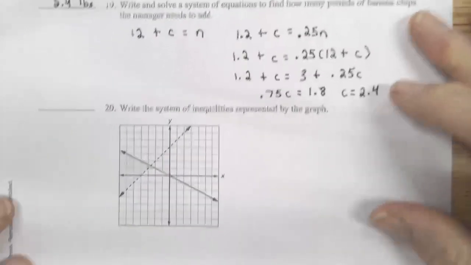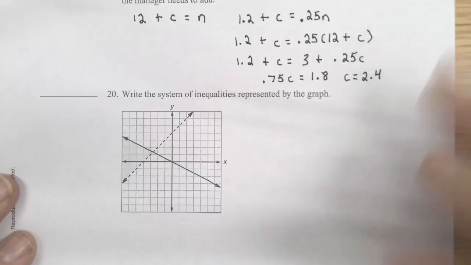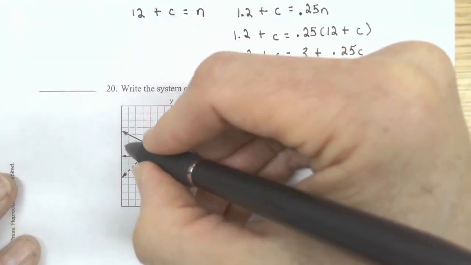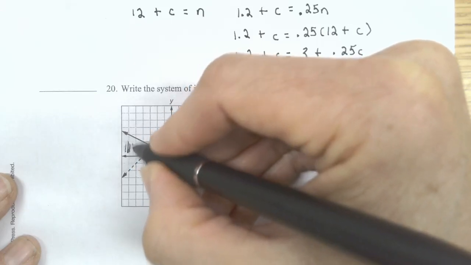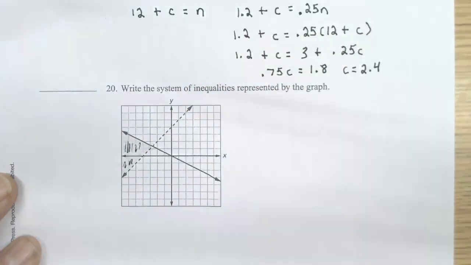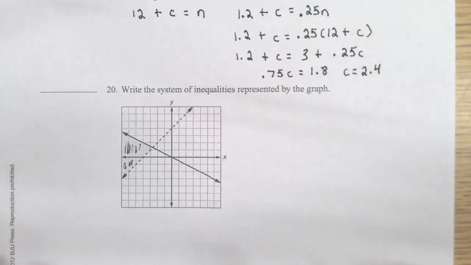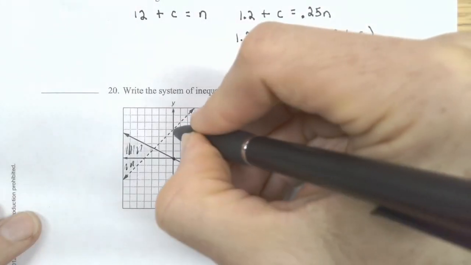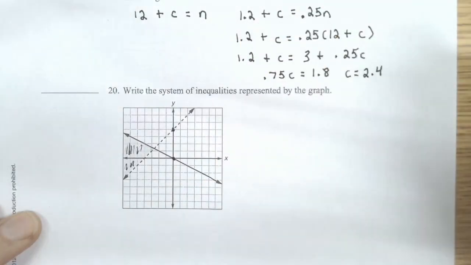All right, last problem. Write a system of inequalities represented by the graph. It's kind of hard to tell. This is the shaded region right here. Okay, one thing, if I'm doing a problem like this, the first thing I look for are the y-intercepts. I've got a y-intercept here, and I've got a y-intercept there, because that's really useful information.